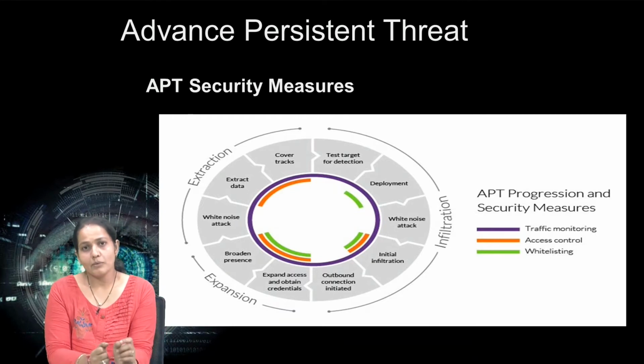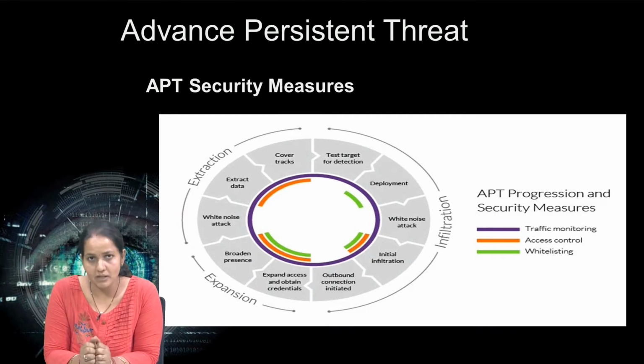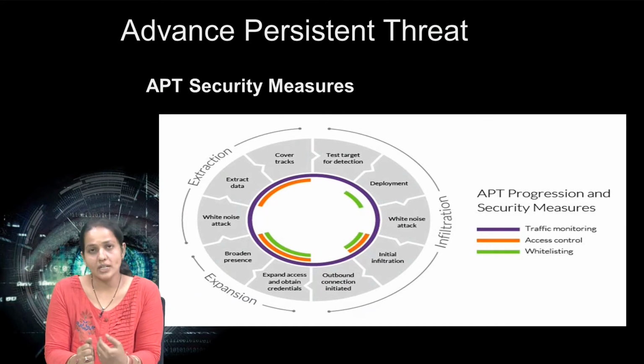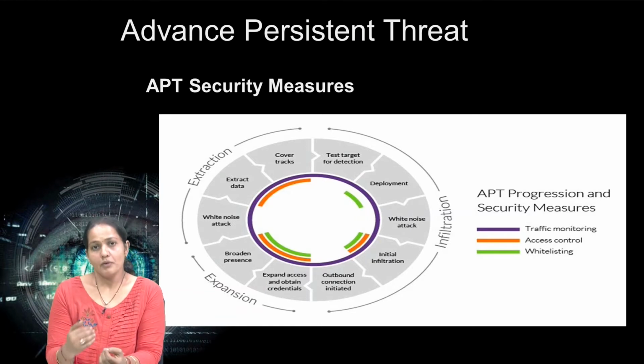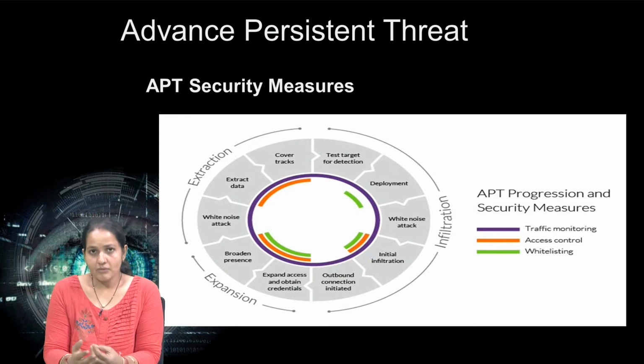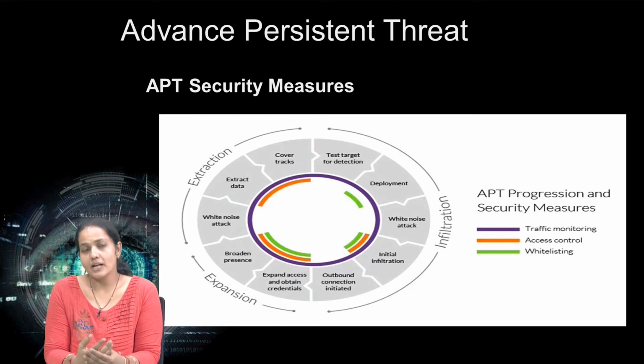At that time also the organization has a chance to build the security mechanism. At the third stage, they extract the data and perform white noise attacks to move the data while hiding from the security mechanisms established by the organization. At that place also there is a chance to establish security mechanisms.